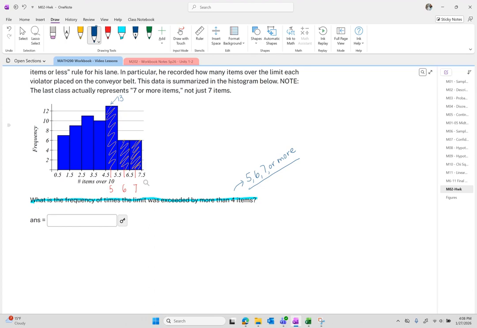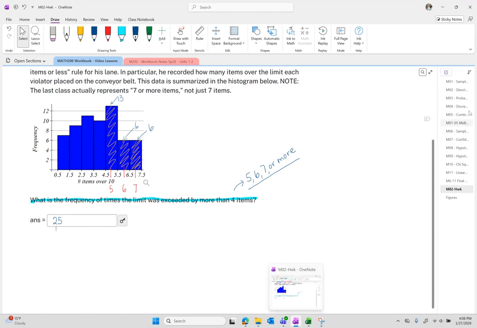And then these guys look like they hit at the 6 and at the 6. So my answer here will be 13 plus 6 plus 6 or 25. That will be my answer for this. So make sure you understand how to read histograms that use accuracy beyond that of the data.